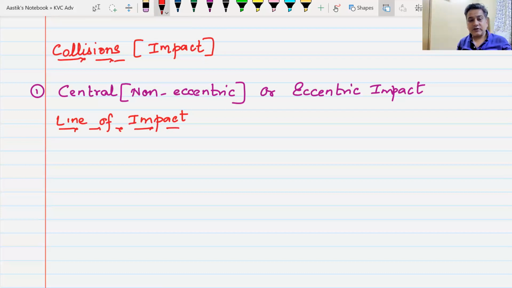What do you mean by this line of impact? Anyone has heard this term, line of impact?